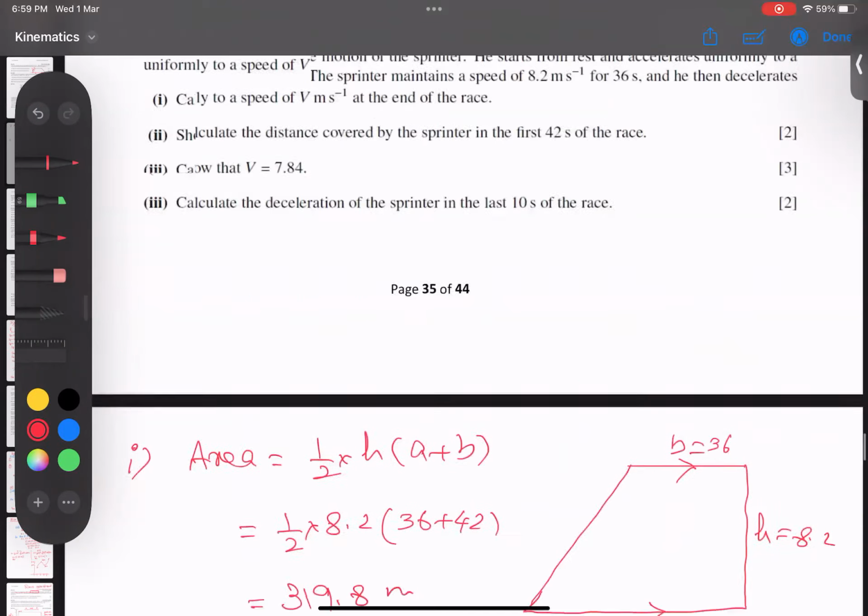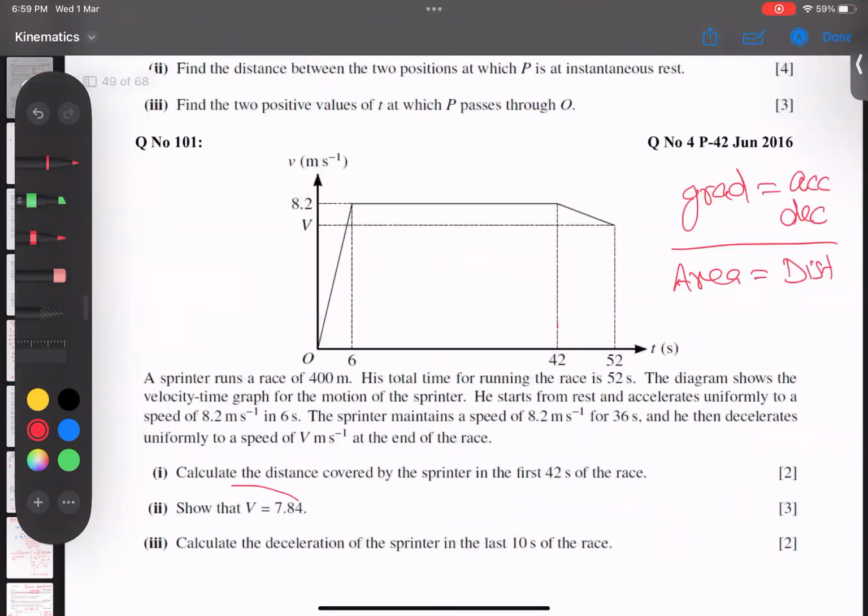Then he's asking the next part: show that the ending velocity when he finishes the race, not stops, when he crosses the finish line, the speed that the sprinter has, V, is 7.84. This is only possible if I have the area of this diagram, the distance traveled after that.